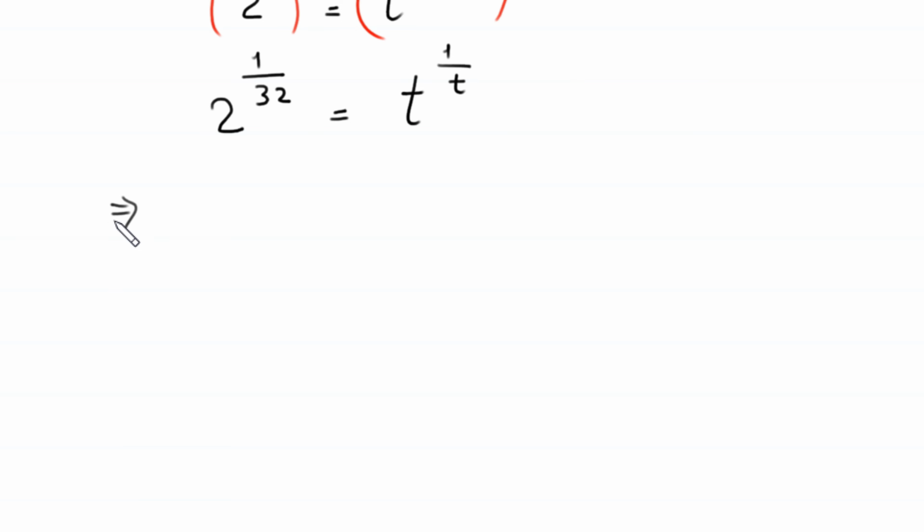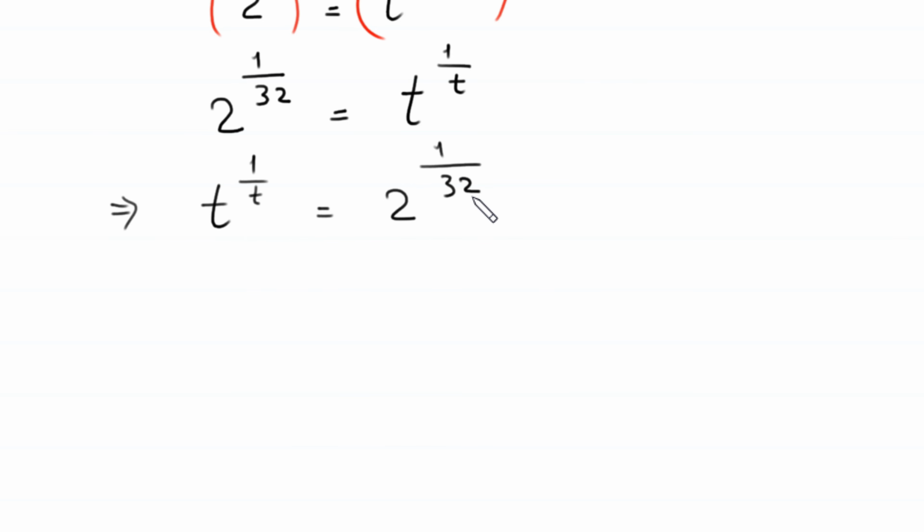This implies that t to the power 1 over t is equal to 2 to the power 1 over 32.